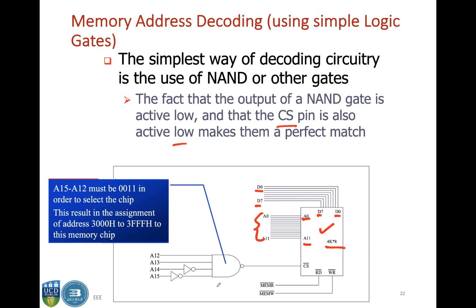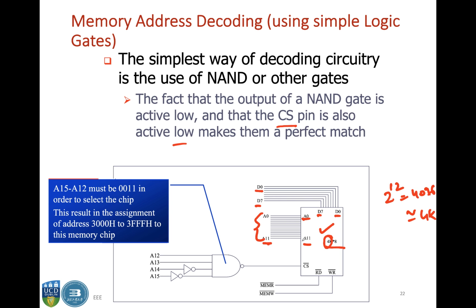That is fine because there are 12 bits of address and 12 address pins. Since it's a 4K memory, 2 to the power 12 is 4096, which is 4K.